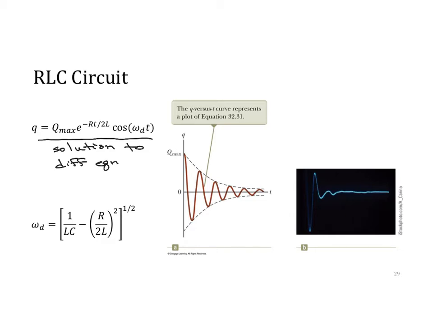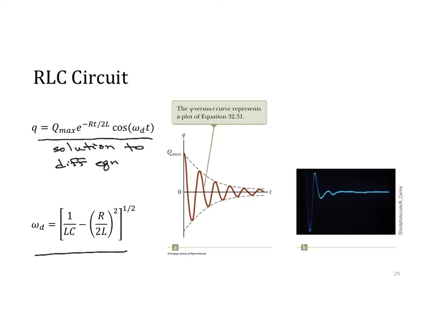And in this case, we've got an omega with a subscript d. That is this omega. So it's related to 1 over LC minus R over 2L squared, to the 1/2 power, which just means square rooted, right? So that is a messy thing to write inside the cosine. So we just give it a new name, and it's our damped oscillation.